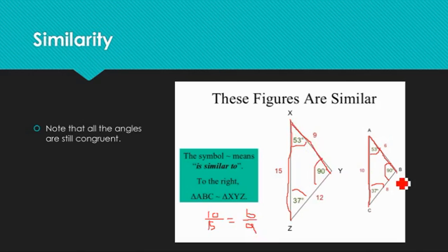And BC compared to YZ, that ratio is 8/12, which is also 2/3. So they all have an equal ratio, which is 2:3. So those two triangles are similar.